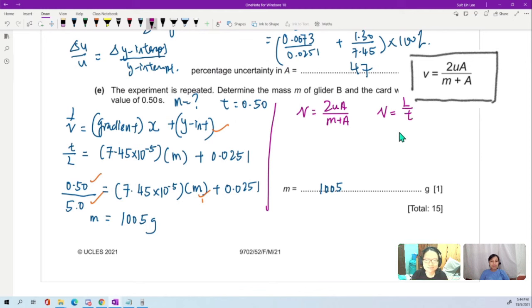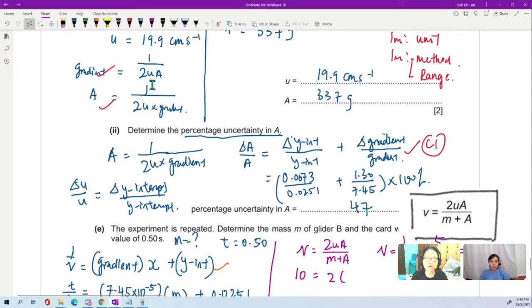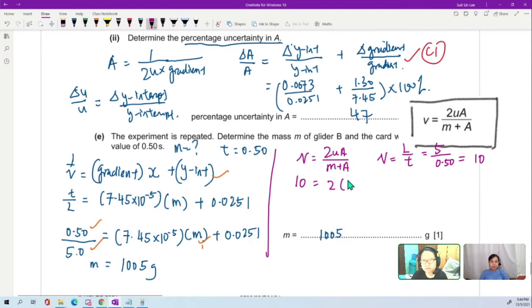So you can substitute this, 5 cm divided by 0.50. So this is 10. Then 10 is equal to 2 times u. What is u? 19.9. A is 337. Over m plus 337.